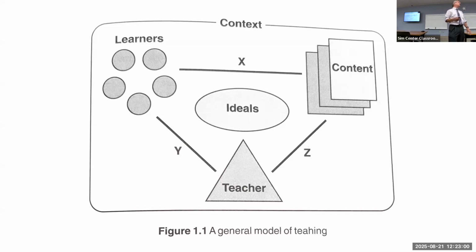Because the History Channel is really good edutainment, and it comes in one ear and goes out the other, and tomorrow I don't remember anything about it, but it was really fun at the time. So sometimes our lecturers are good edutainment, but what we want is education, meaning those learners need to be thinking as we're talking. And one of the challenges of the transmission perspective is how do you know whether they're thinking or not?